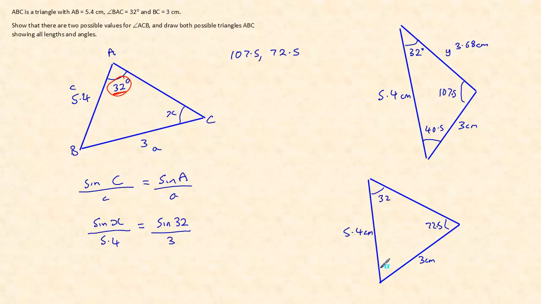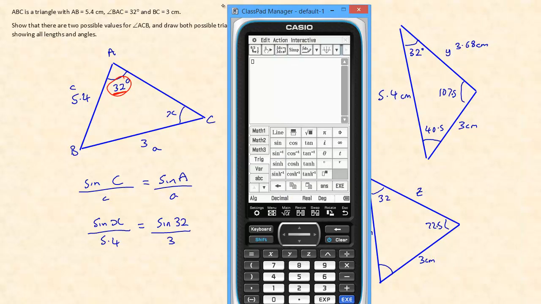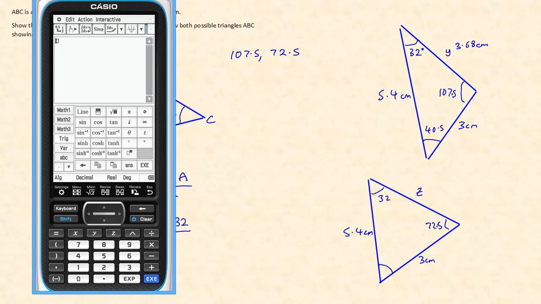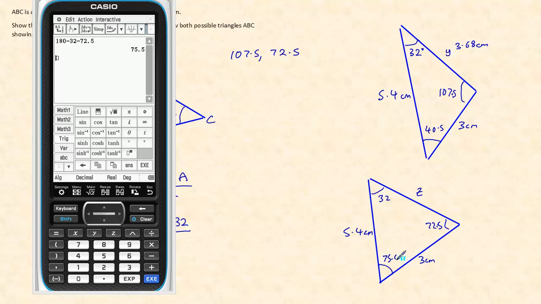And so we need this angle here, and we need this side up here. So the angle's easy enough. We're just going to do 180, take away the two angles we know. So we know the 32, we know the 72.5. So that's 75.5 here.